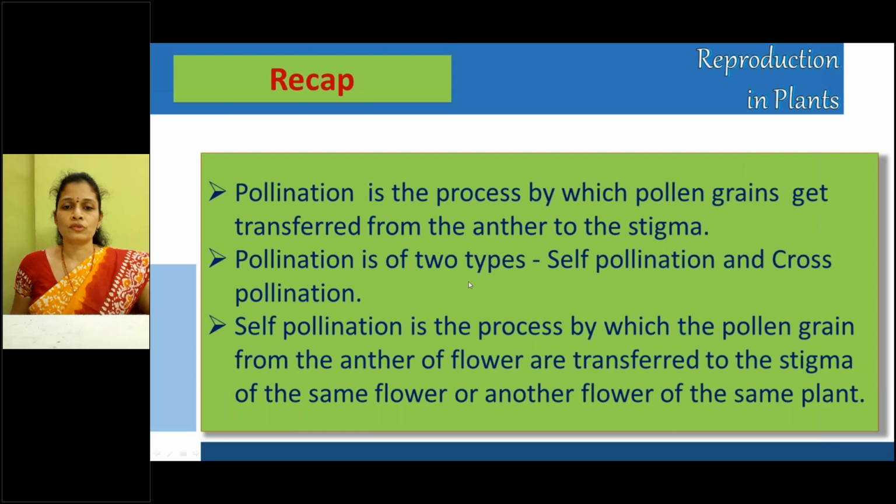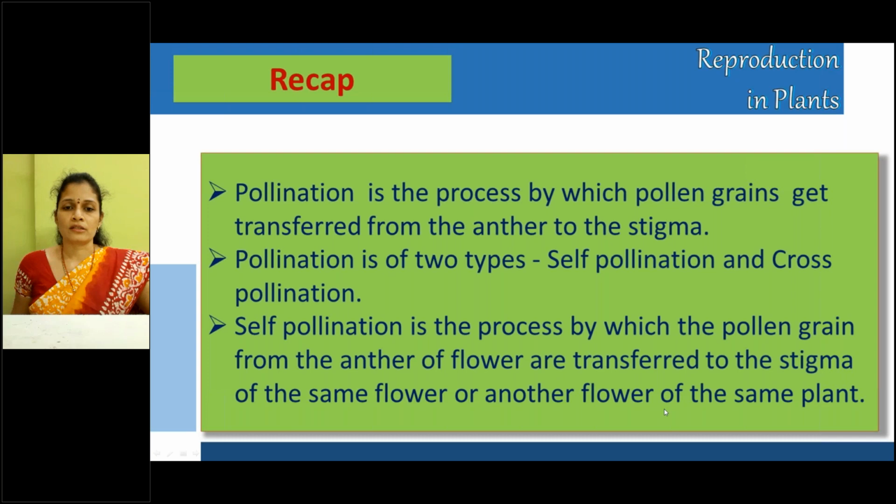Pollination is of 2 types, that is self-pollination and cross-pollination. Self-pollination is the process by which the pollen grain from the anther of a flower are transferred to the stigma of the same flower or another flower of the same plant. Examples are pea plant, 4 o'clock plant, sunflower plant.